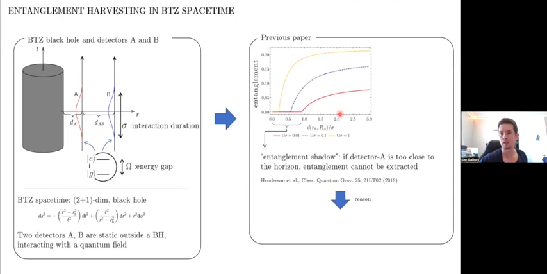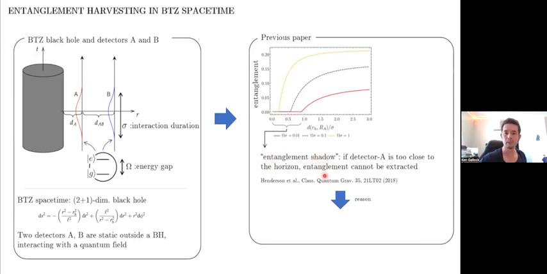This curve means that if the detectors are far enough from the black hole, then you get some entanglement. However, if the detectors are too close to the event horizon, then you cannot harvest the entanglement at all. This region of zero entanglement is called the entanglement shadow.